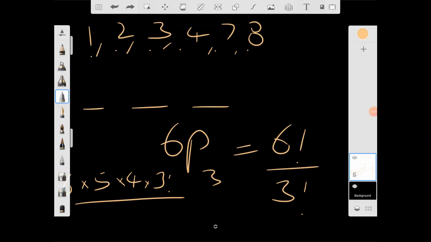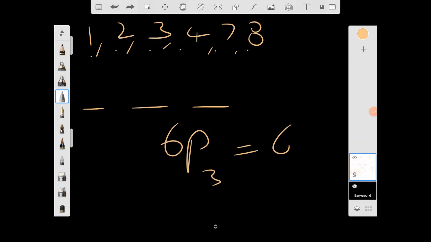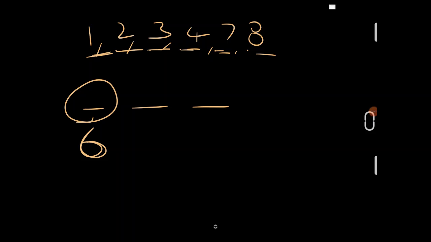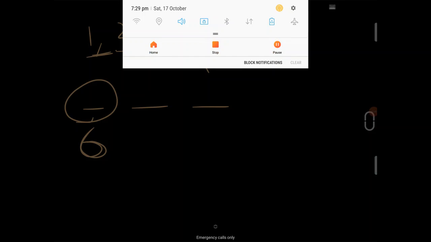But even without applying the formula, we can find it. This is just for your understanding that I'm telling you. 6 numbers are there. So how many options are there for this digit? 6 digits. It could be any of the 6 numbers. So 6 options. How many options are there for the next?